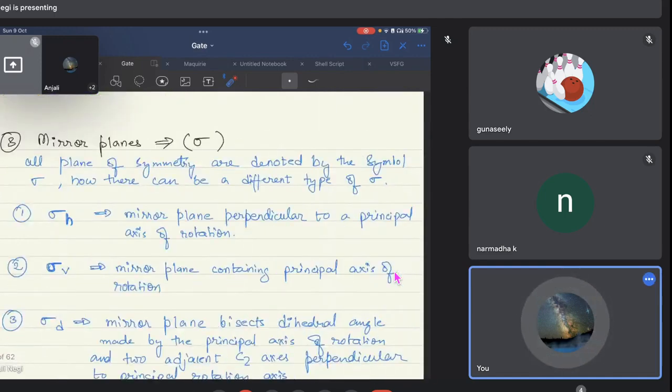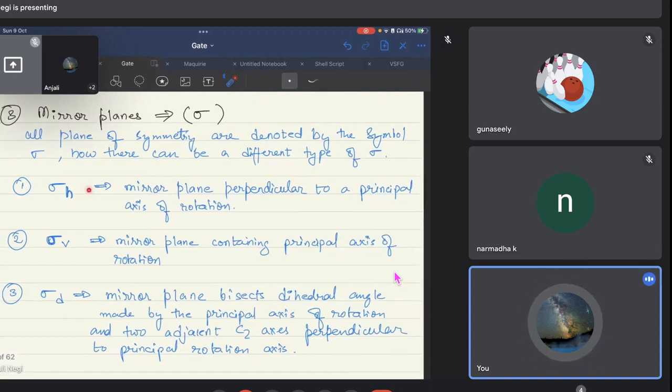Now going on, this is important. This is another element, mirror planes. A mirror plane is denoted as sigma, and all planes of symmetry are denoted by the symbol sigma. Now there can be different types of sigma. One is sigma h, one is sigma v, and another one is sigma d.